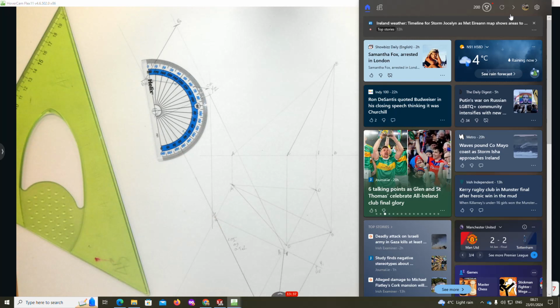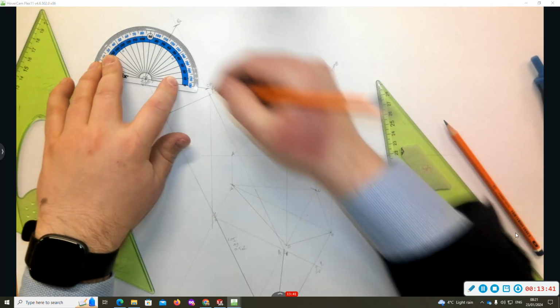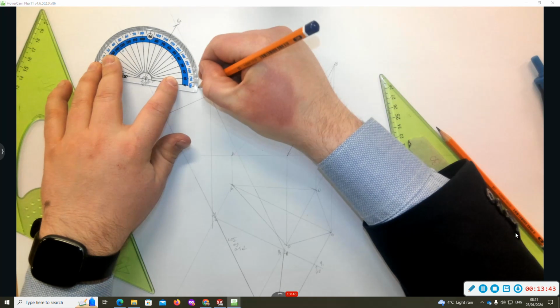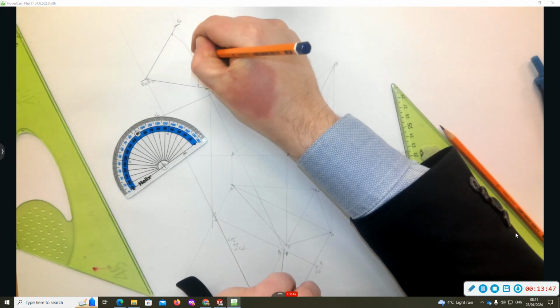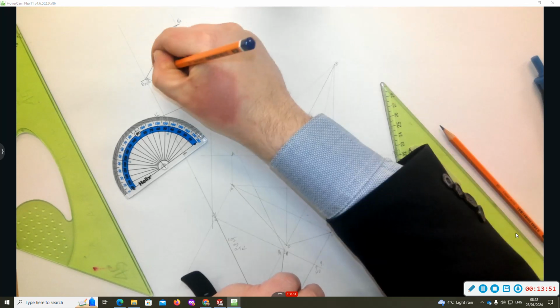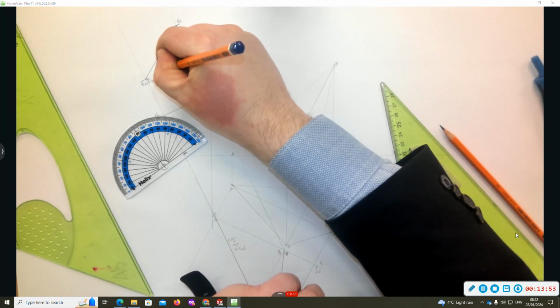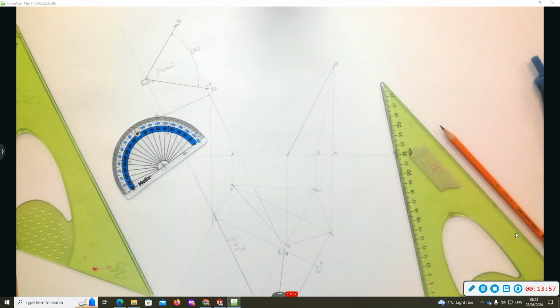We're going to measure it in. So there we go. Now, that's our A and B done.